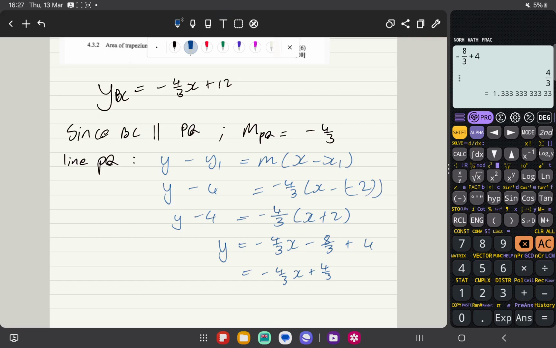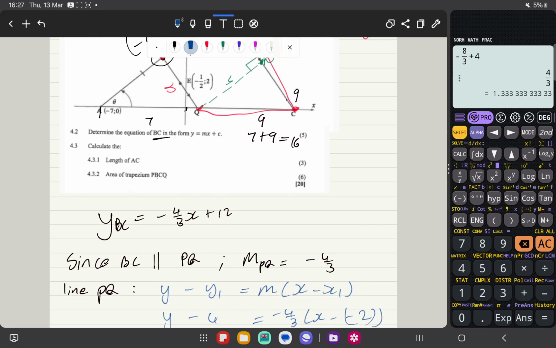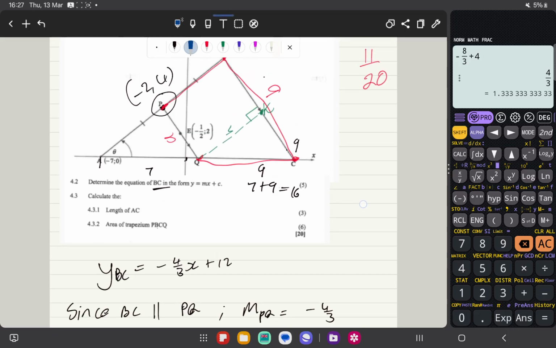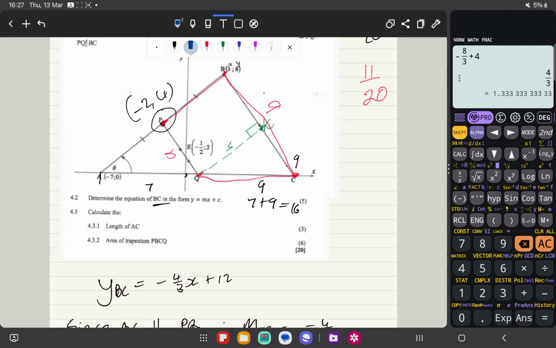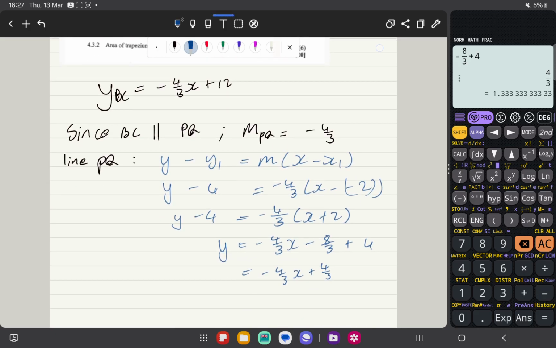So Q, okay. Q is what? Q is the x-intercept where y is 0. So I take this formula here and I substitute my y to be 0.